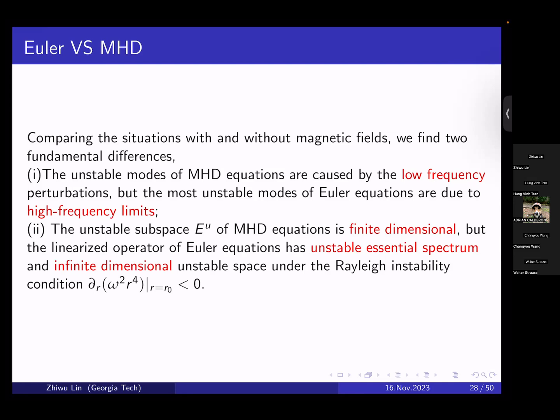In other words, if the momentum square is not monotone, then for each frequency you have an unstable mode. So if you let the frequency go to infinity, you get the continuous spectrum due to the accumulation of high frequency unstable modes. So you can see there are fundamental differences between these two cases. For the MHD system, the instability is discrete spectrum and low frequency, but for the Euler equation it is high frequency and continuous spectrum.